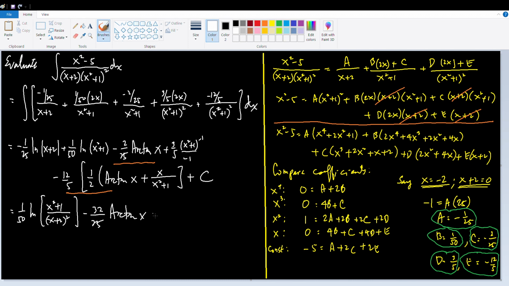Then negative 3 over 5 times 1 over x squared plus 1. I can cancel this, and it will be negative 6 over 5 times x over x squared plus 1.